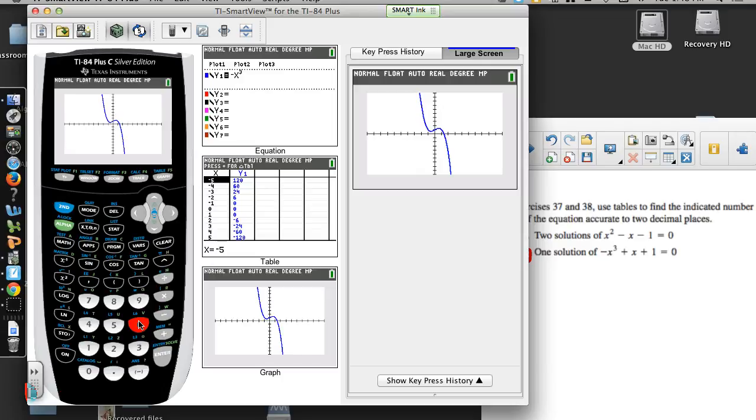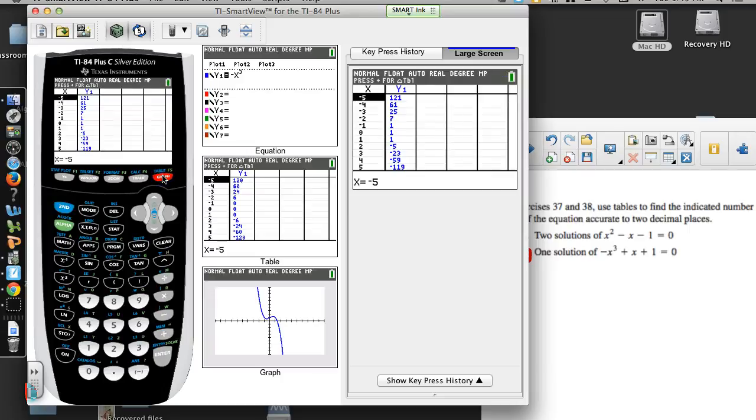So I would go into my table and take a peek and see, well, yeah, at 1, it is 1, 1. At 2, it's 2, negative 5. So 1, 1 is above the x-axis, and 2, negative 5 is below the x-axis.